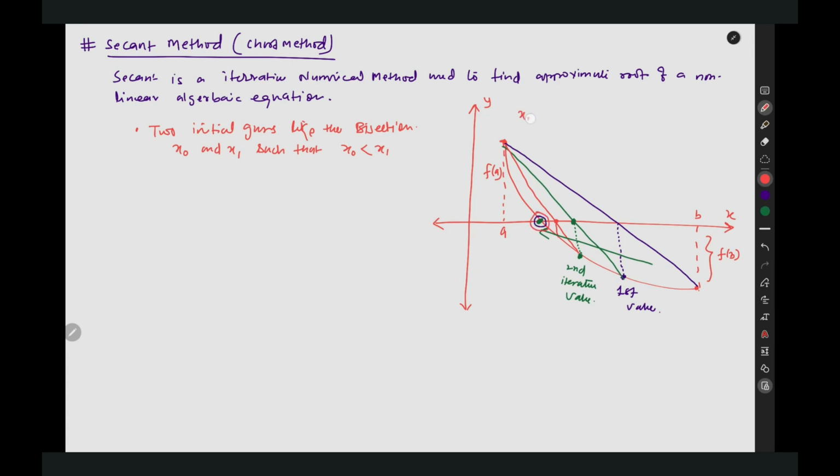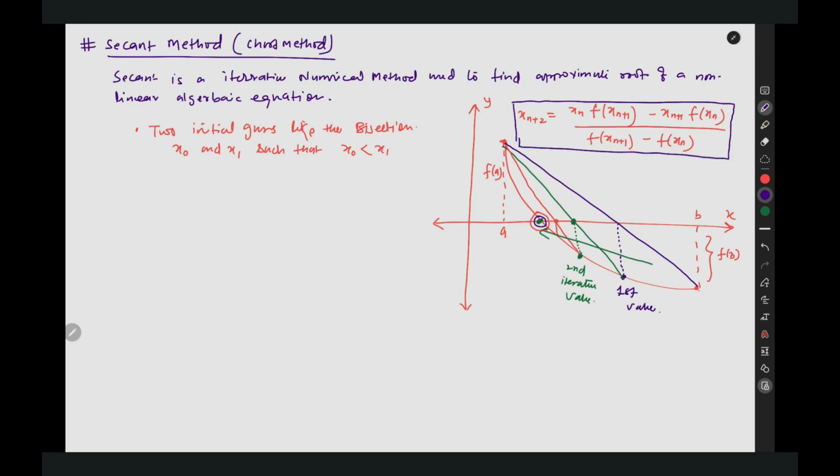According to the formula, xn plus 2 equals xn f of xn plus 1 minus xn plus 1 f of xn, divided by f of xn plus 1 minus f of xn. As of now, this formula may seem very complicated, but it is easy to apply.